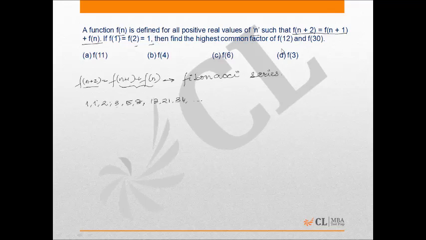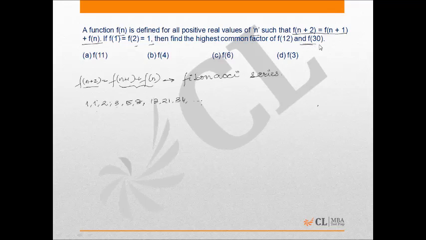Now, we are asked to calculate the highest common factor of f(12) and f(30). Now, f(12) is possible to calculate, but if we look at f(30), we will have to do a lot of calculations. So there has to be some pattern or some logic behind this, because the question is very tricky.